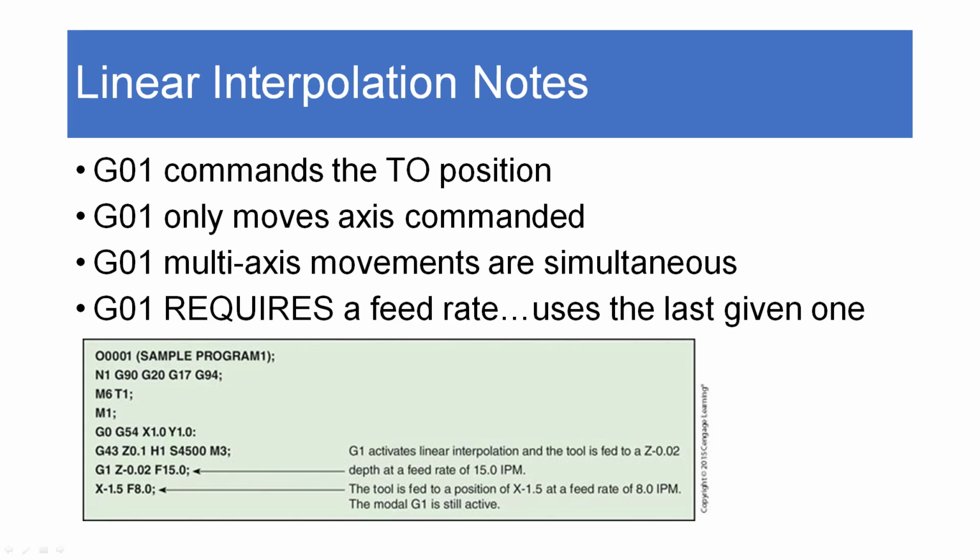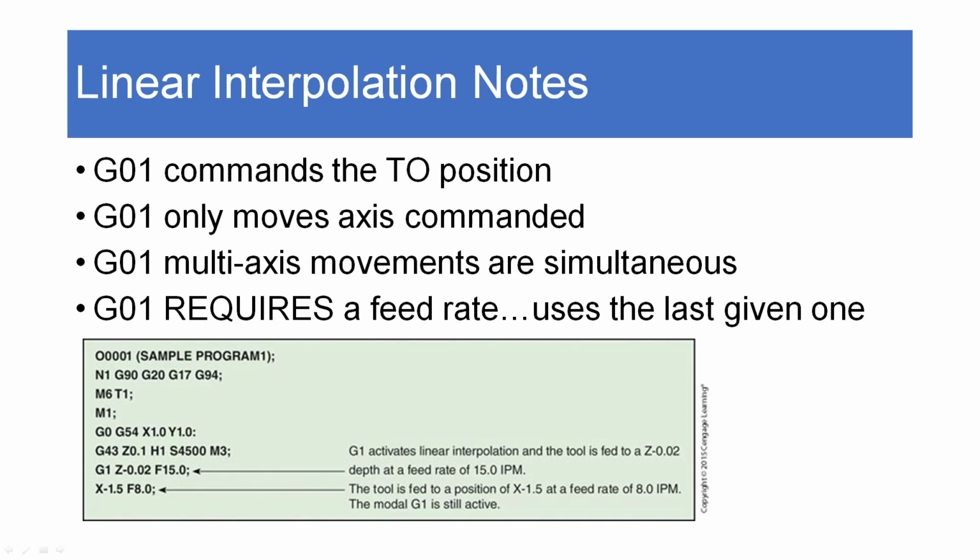Well, if there's no feed rate in the machine, it was just started up, it's going to give you an error code and turn on the red beacon. But more importantly, if you have a very high feed rate because you're doing something and then you don't adjust that down for a deeper cut or a different cut, it will just use that last feed rate. It's a modal command. So that's how we move in a straight line.